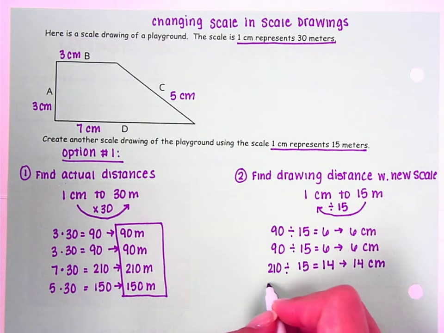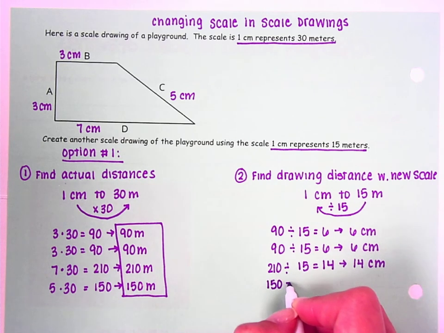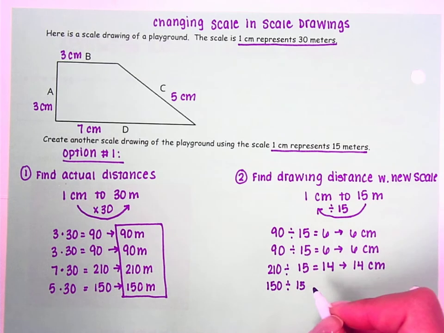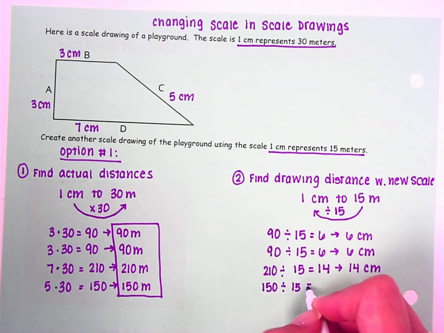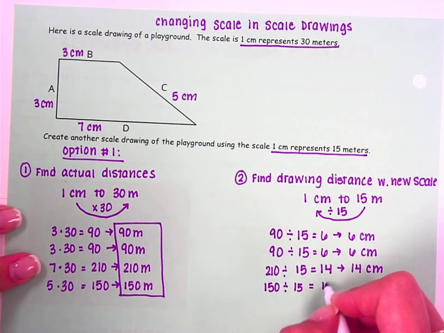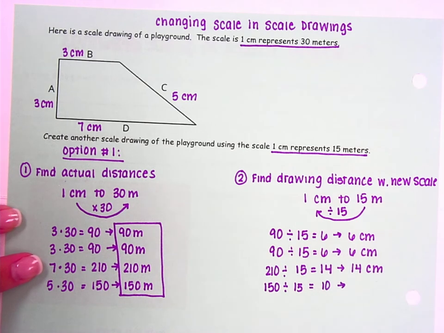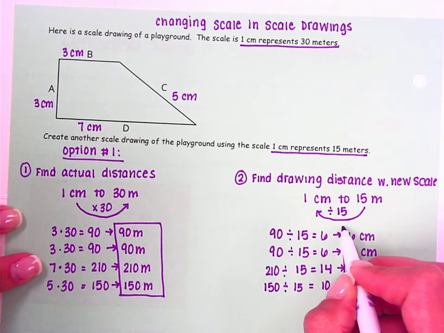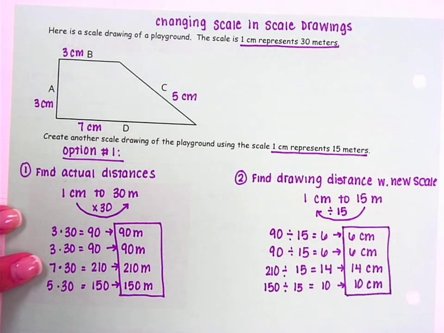And last but not least, 150 divided by 15, which is 10, and that's telling me this is 10 centimeters on my new drawing. So these are now my new scale drawing distances.